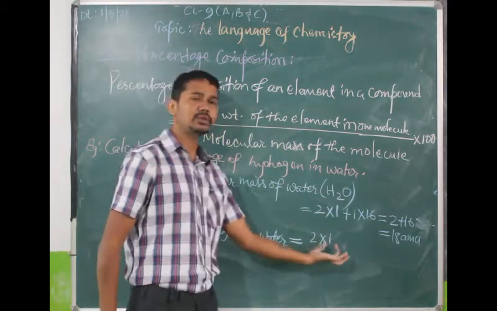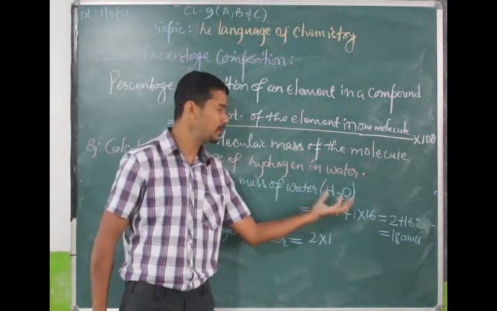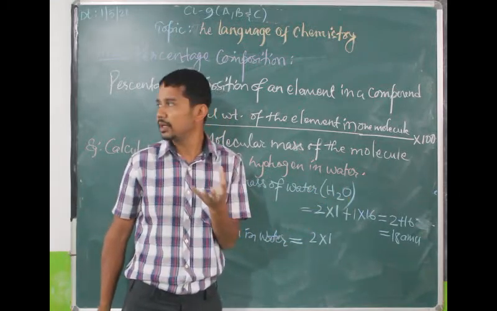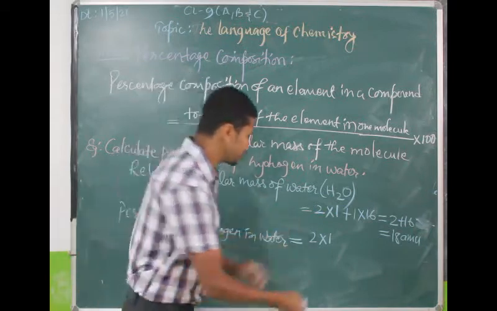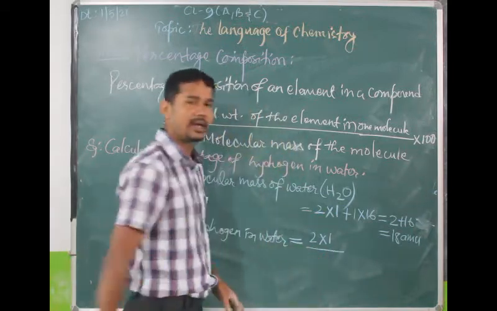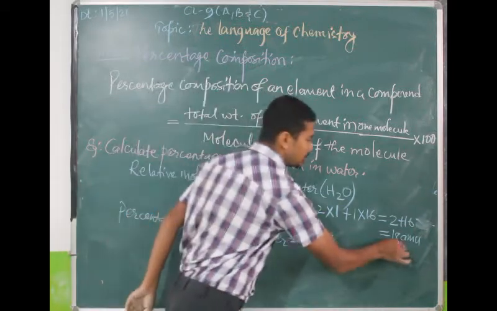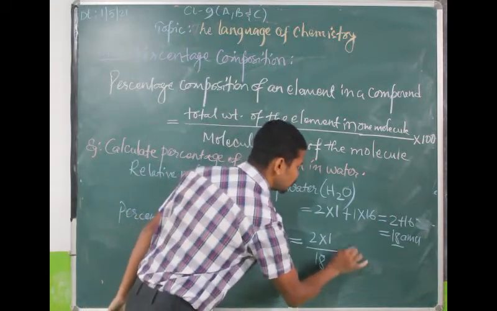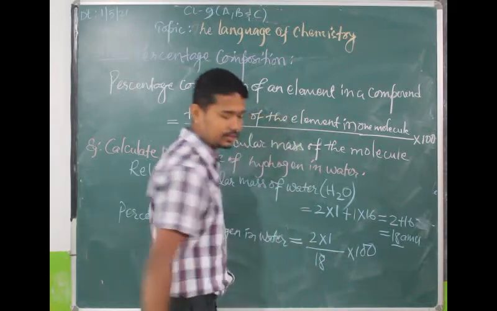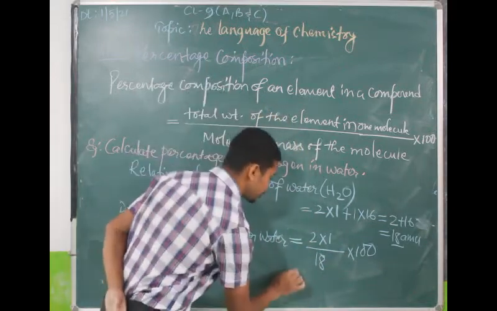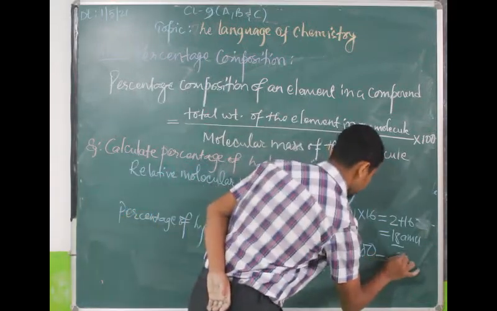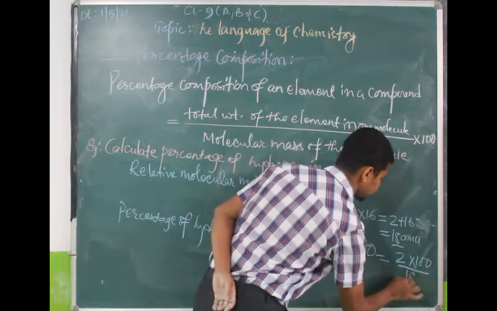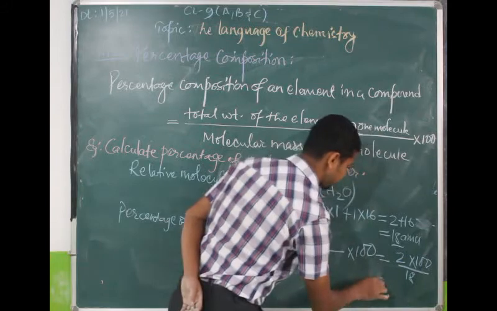This is the total mass of hydrogen in one molecule of water, which you write as the numerator. In the denominator, the molecular mass of water, that is 18, into 100. That means you get 2 into 100 by 18.